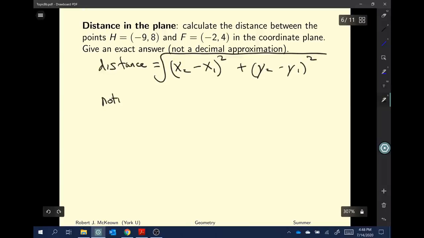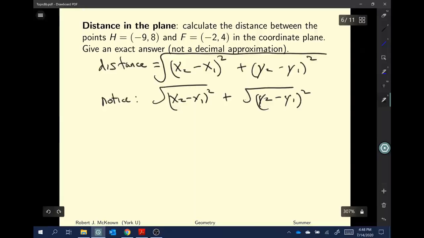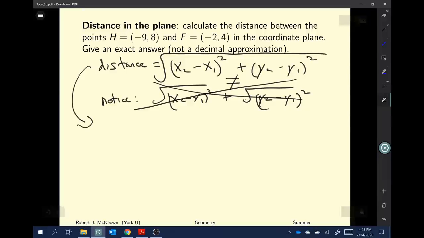Notice these two are not equal. So we can't do that. That is wrong. Don't do that. We're going to have to deal with the squared terms first, and then once we take care of the square terms, sum everything up, and then we can take the square root.